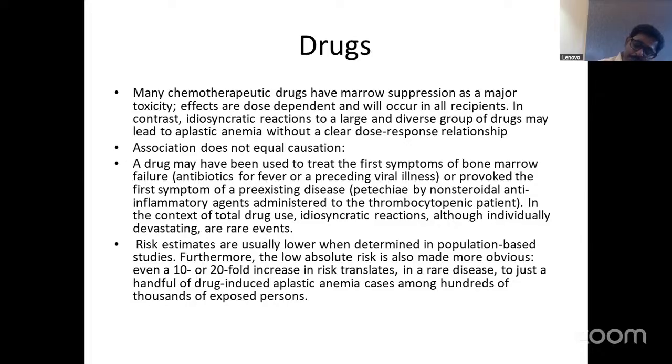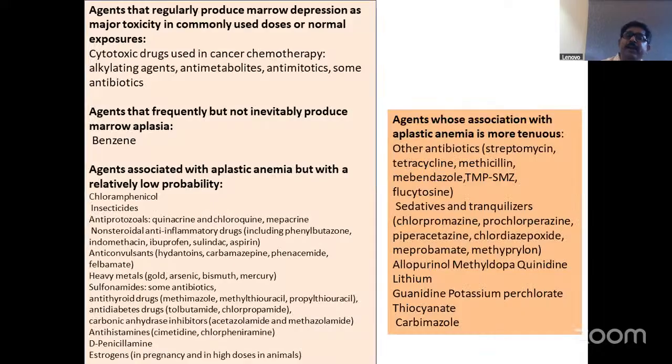Now, as far as drugs are concerned, we can classify them into different categories: drugs or agents that regularly produce bone marrow depression as a major toxicity; agents which frequently but not inevitably produce bone marrow aplasia; agents associated with aplastic anemia but with a relatively low probability; and agents whose association with aplastic anemia is more tenuous, doubtful.